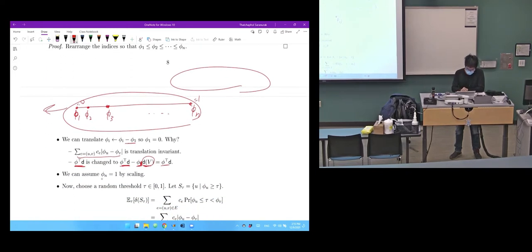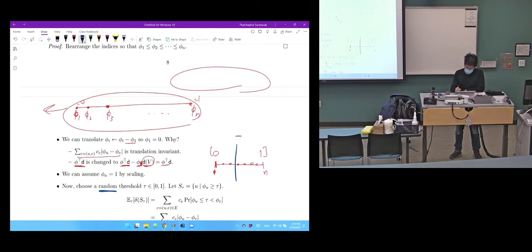Okay. So now it's really the nodes. There is the first node here, the end node here, and this is just between 0 and 1. There are many other nodes around here. Let's say now I choose a random threshold, uniformly in this interval from 0 to 1.